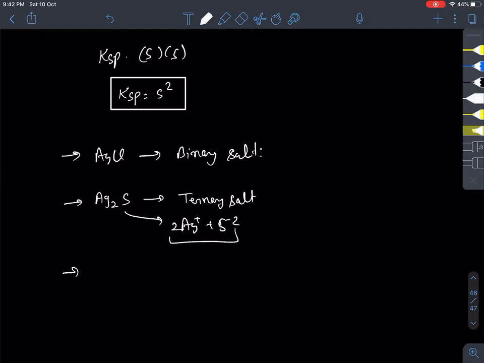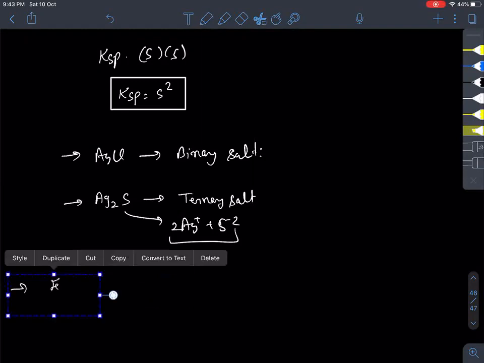Similarly, you can go for quaternary also, like for example Fe(OH)3. This is not a salt, but yes, it is an ionic solid, a quaternary compound. If you take sulfur instead of this, or bisulfite, you will understand in the same way.